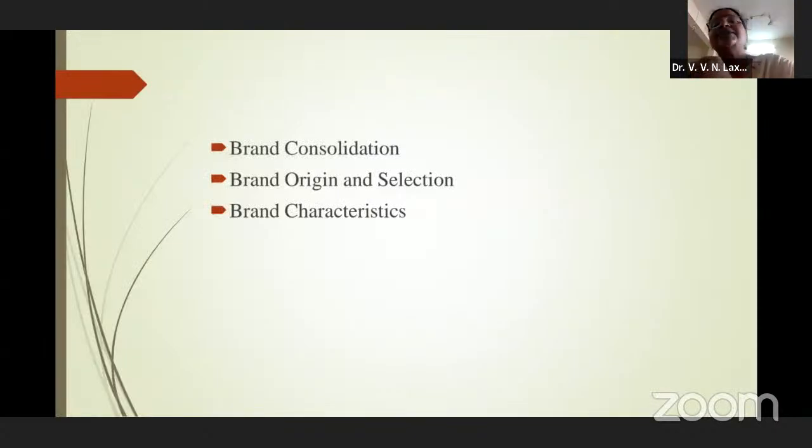Now, another challenge or another point we need to understand from the company's perspective is brand consolidation, brand origin and selection, and brand characteristics. Brand consolidation means at the earlier stages, the brand is introduced and a lot of advertisements, a lot of positioning strategies are used so that the brand is well established in the market.